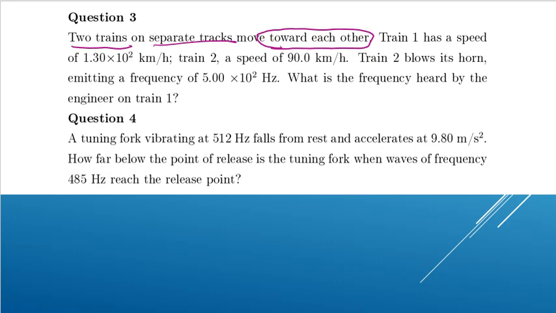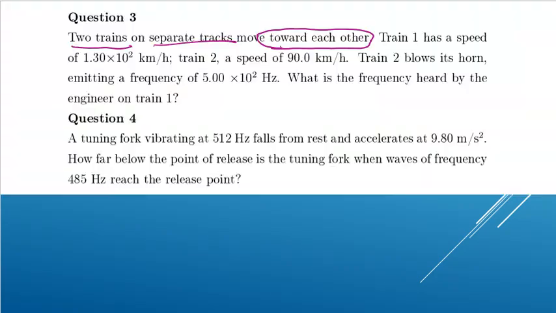Okay, so let me try to write my data somewhere here. They're saying train 1 has a speed of 130 kilometers per hour.